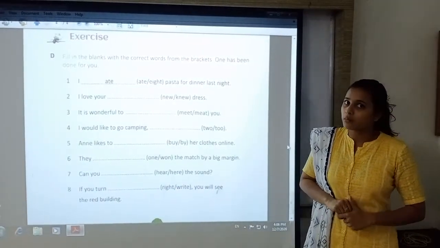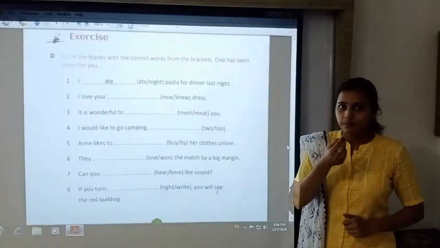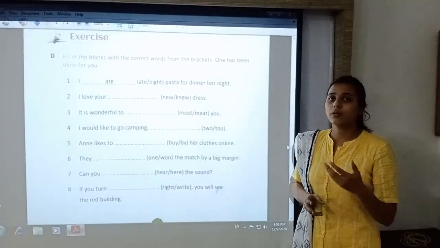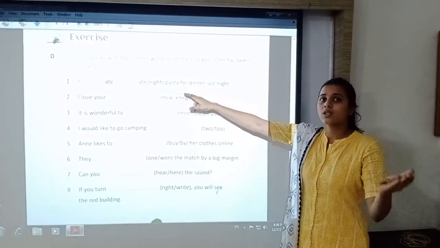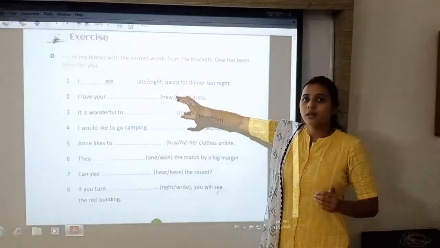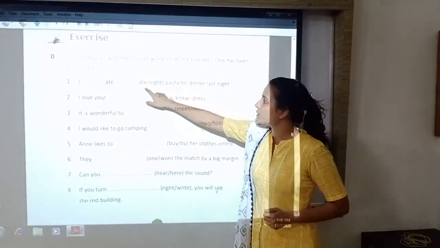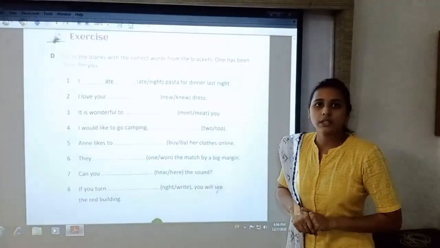EIGHT, 8 is a number, and ATE, that is to eat, मतलब किसी चीज़ को खाना. So pasta does not relate with the number, but we will eat the pasta. So here we will choose ATE, which is the past form of eating.